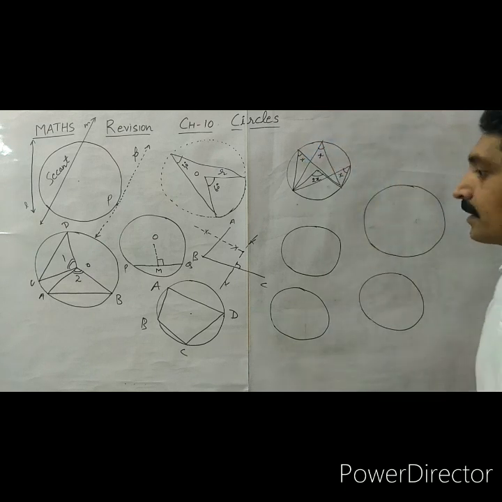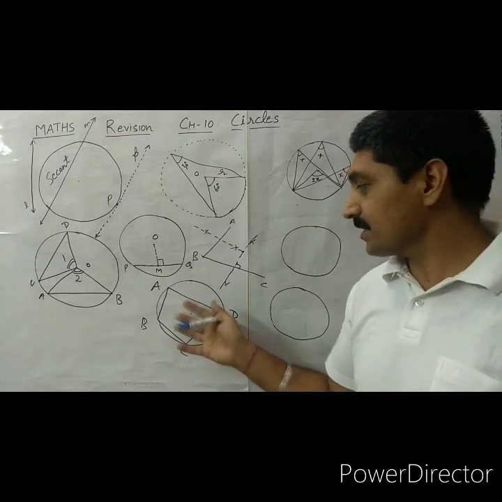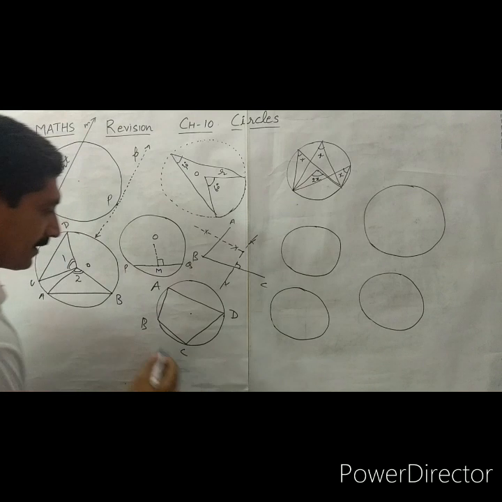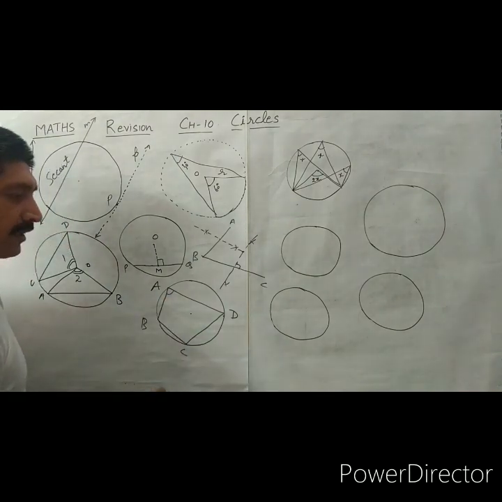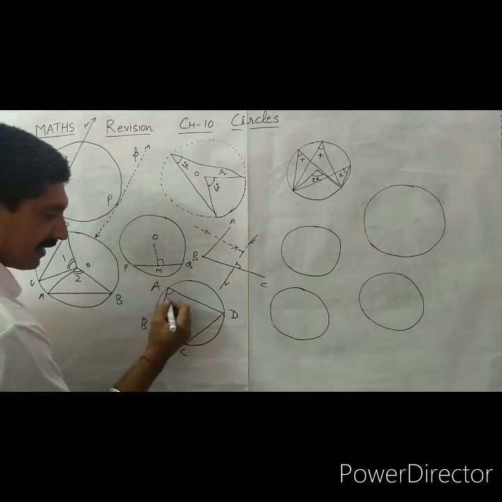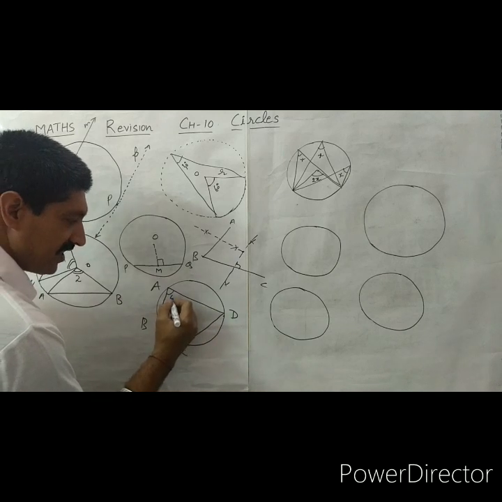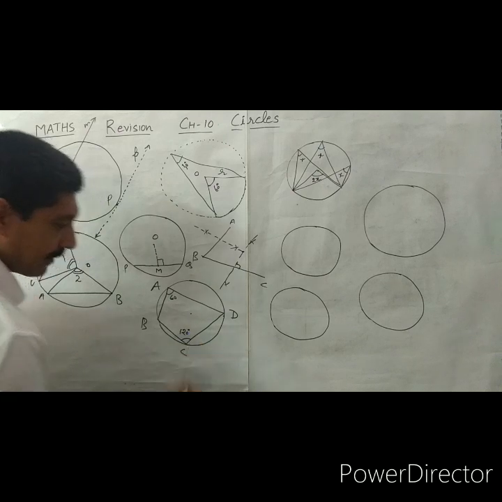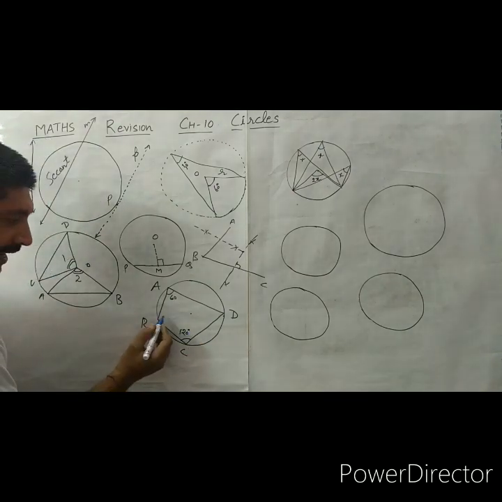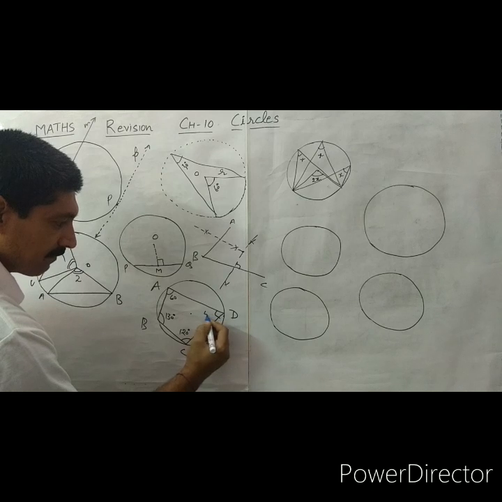these all angles are of x. So in a cyclic quadrilateral, the important property which we have discussed in grade 9 is that the sum of opposite angles is always 180 degrees. If this angle is 60 degrees, this angle is supposed to be 120 degrees. If this angle is 130 degrees, this angle is supposed to be 50 degrees.